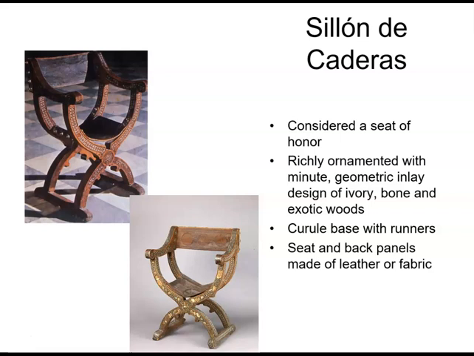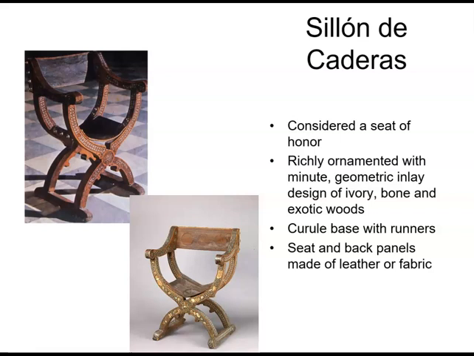Sillón de caderas means hip joint chair or X-form chair in Spanish. But this is actually showing a curule form, and you know that from studying the previous styles. This is showing that double U form. This particular piece is very richly ornamented with very minute geometric inlay of ivory, bone, and also some other exotic woods.